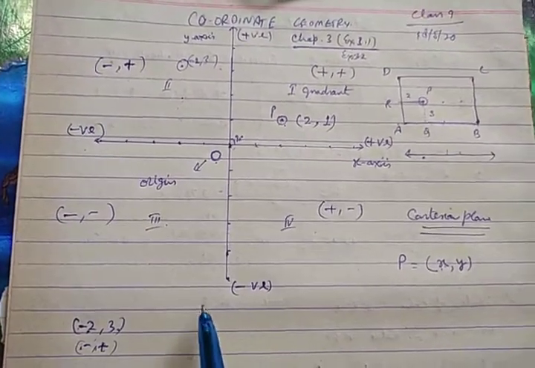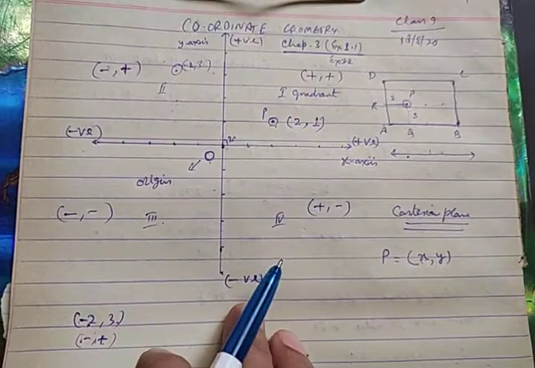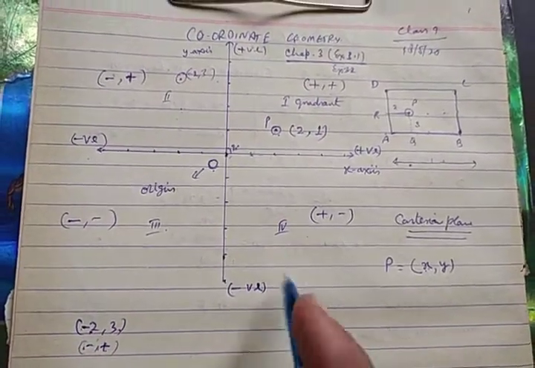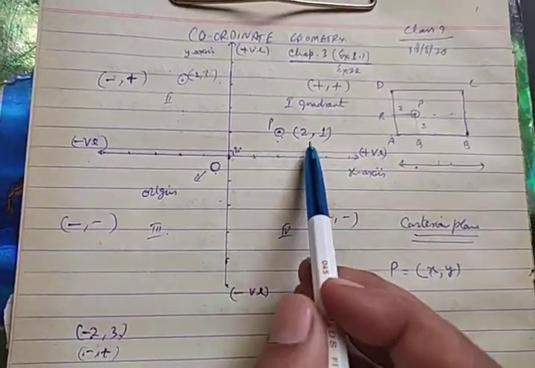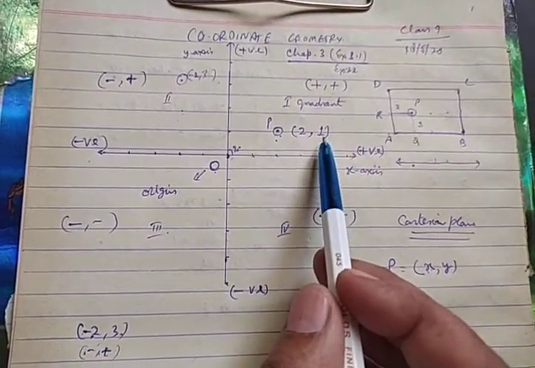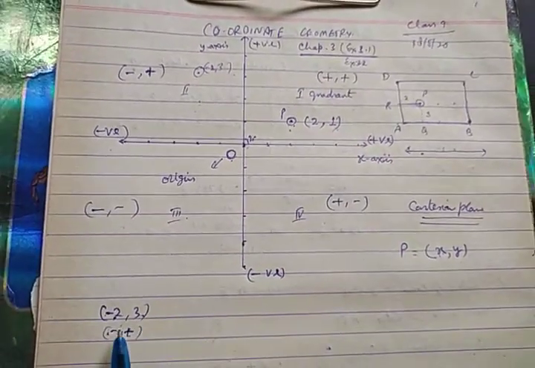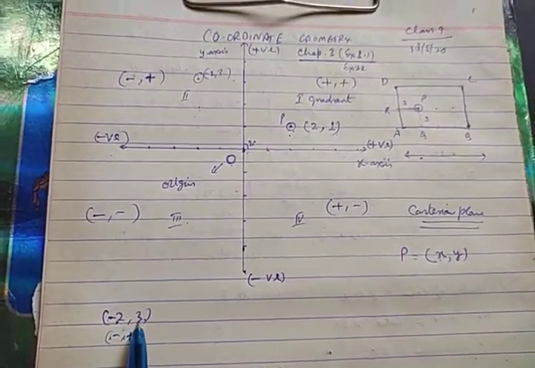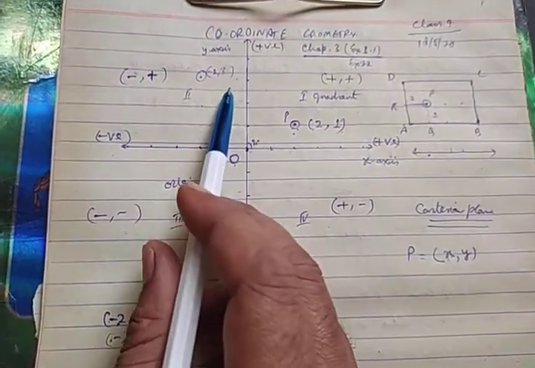There are two things: you can read the position of the point and you can also plot the point. I first plotted point P, then I read its value, 2 comma 1. Now this time I have taken the point minus 2 comma 3, then I plotted the point.